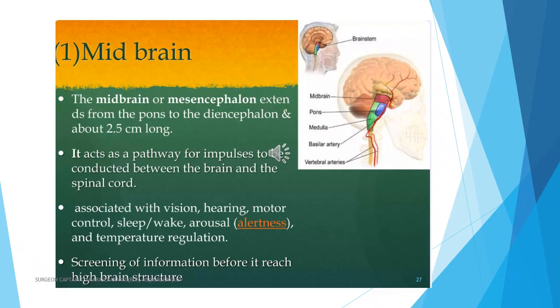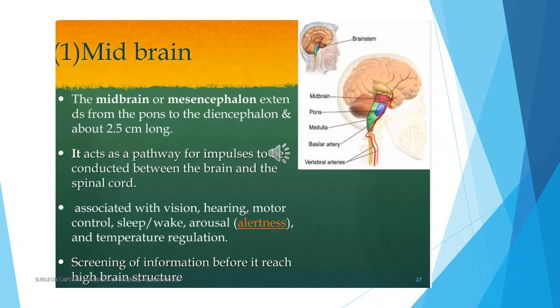Midbrain, gateway of reflexes and alertness. Now we ascend to the midbrain, or mesencephalon, a compact yet vital segment of the brainstem, measuring approximately 2.5 cm in length. It bridges the pons below and the diencephalon above, forming a conduit for ascending and descending neural traffic.